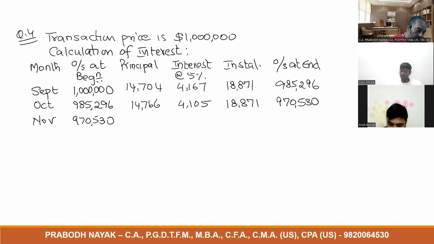Into 5% for 1 month, 4044. Minus from 18,871, 14,827. 970,530 minus that is 955,703.